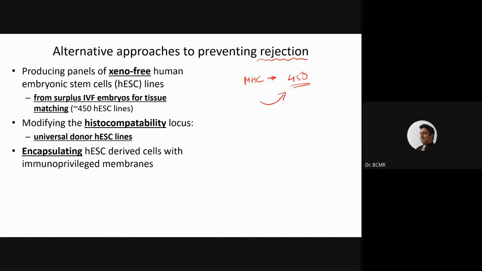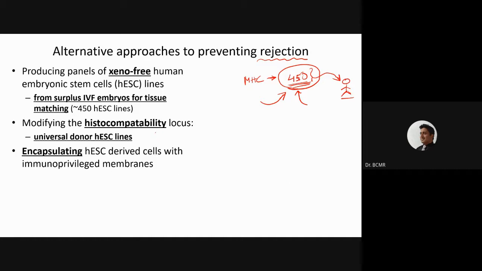What if we could collect different embryonic stem cell lines from all over the world and generate a repository, or a human embryonic stem cell bank, such that all combinations of MHCs are present? Then if a patient comes by and wants a certain matching cell line, probably one of them is likely to be a good match for the patient. So that is one approach, and it's a very viable approach as long as we get the diverse haplotypes.